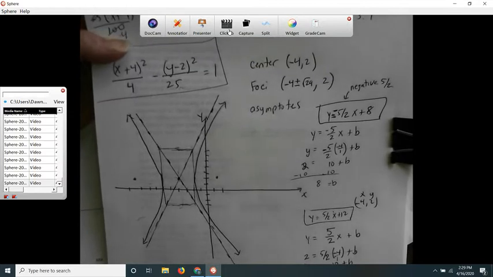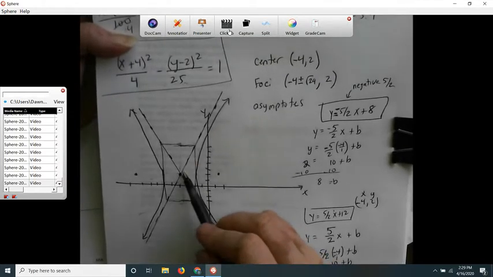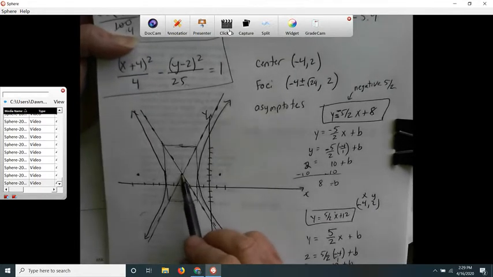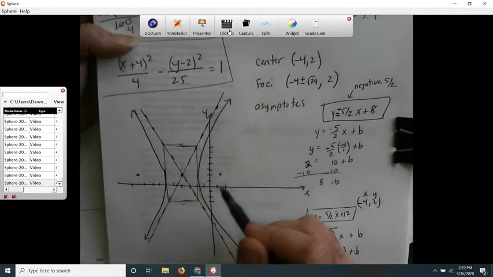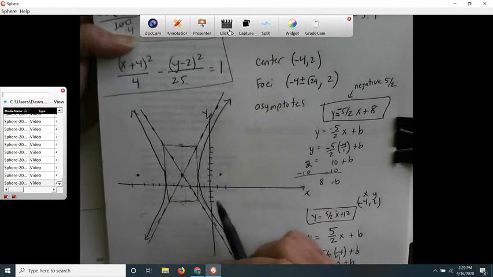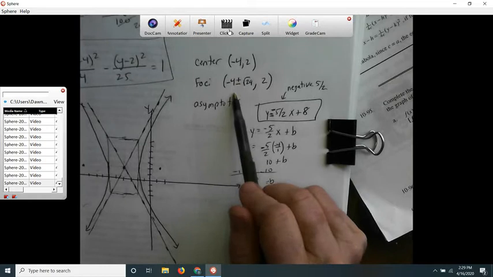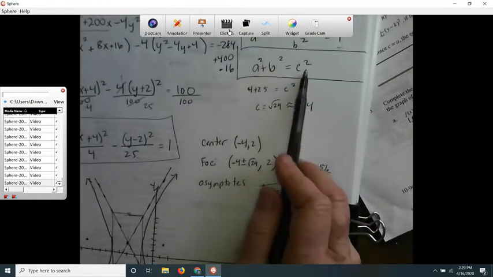Well, here, let me just show you how to get the focus. So the focus, we have to go a squared plus b squared equals c squared.